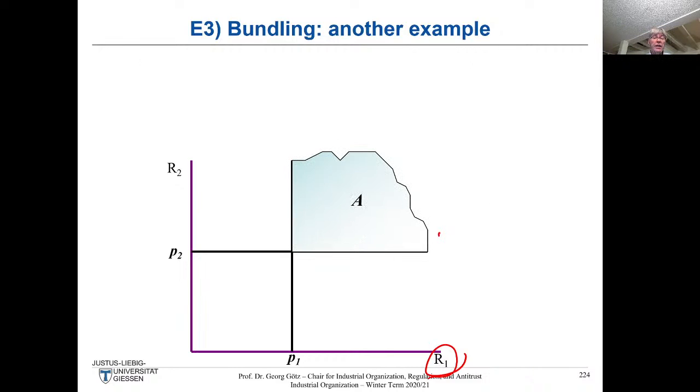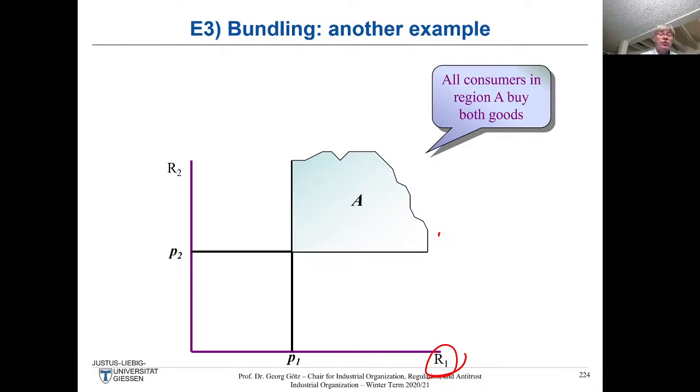This group A here, all consumers in group A have a reservation price for product 1 which is above price 1, because it's to the right of it. And they have a reservation price for product 2 which is above price 2.